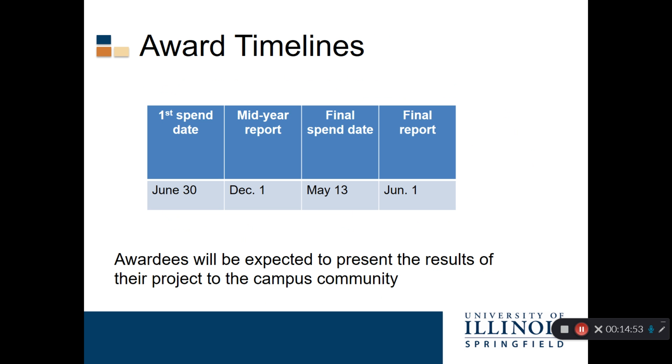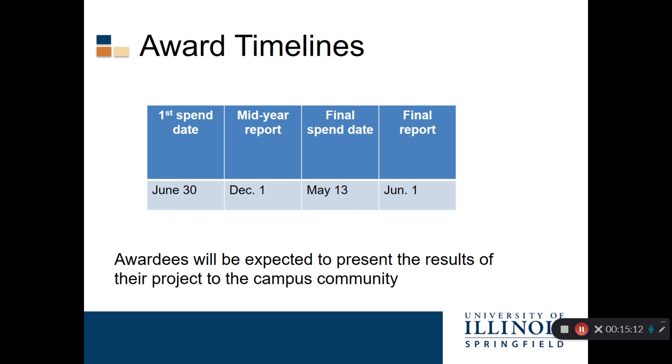So you want to avoid that mistake. And then we do have a mid-year report and then a final report. It's expected that you'll present the results to the campus community. Campus is making an investment in your research. We want to find out what happened.